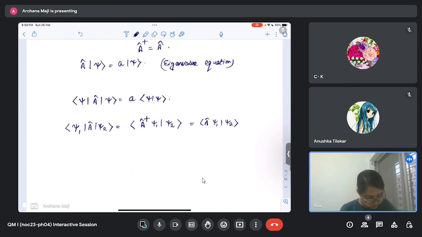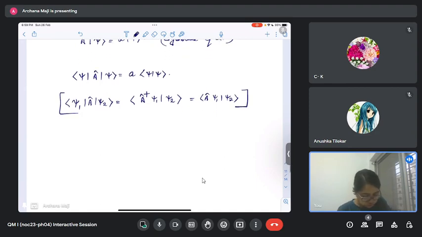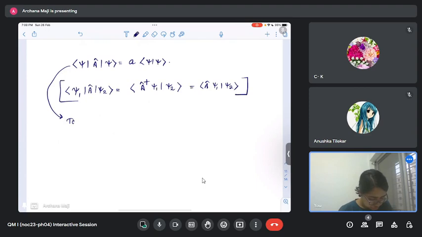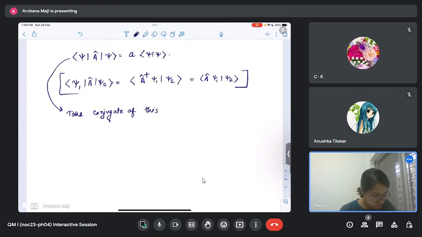So that is what it means for a Hermitian operator. Now what we can do is take the conjugate of this expectation value equation, conjugate of both sides: psi A cap psi whole conjugate is equal to a star.